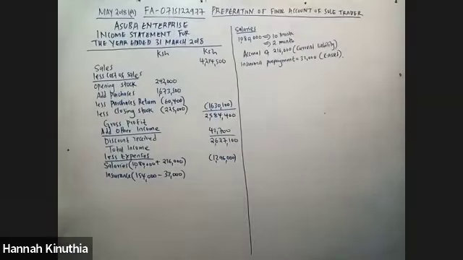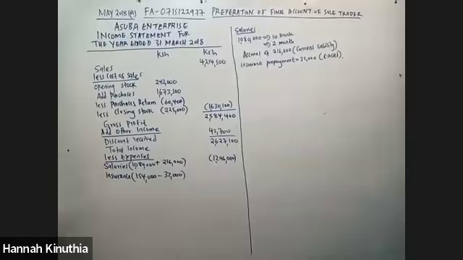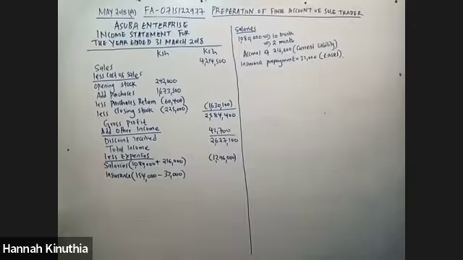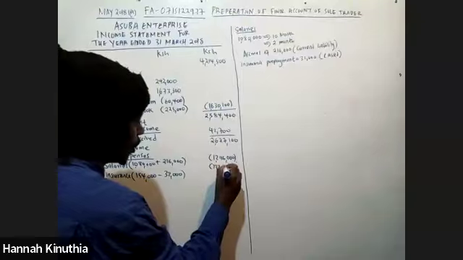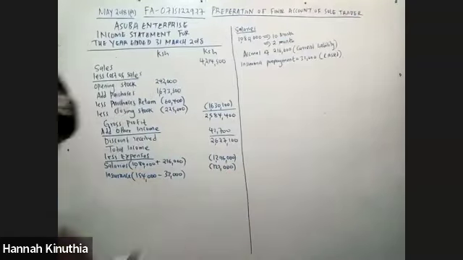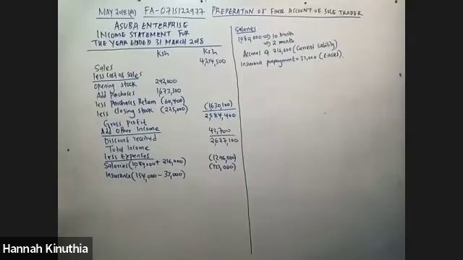For now, iko sawa hivyo. So tunasema 154,000 minus 32,000. Napata 122,000. I think that is the correct amount. 122,000.